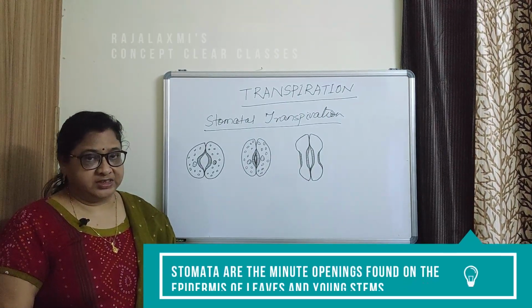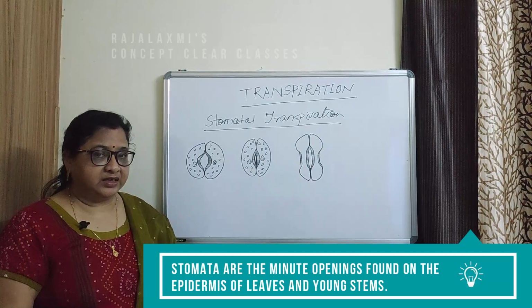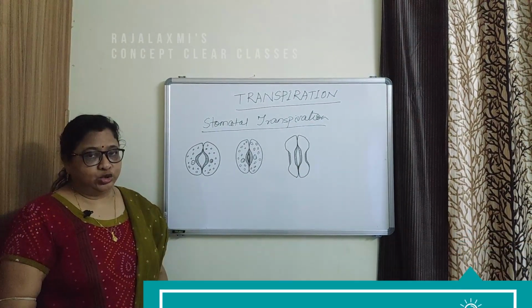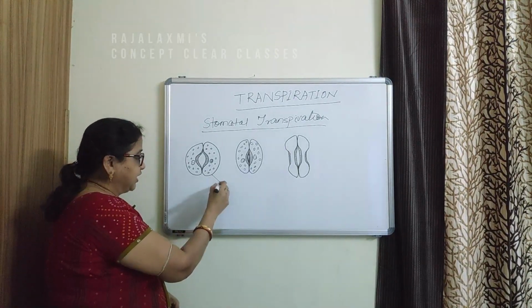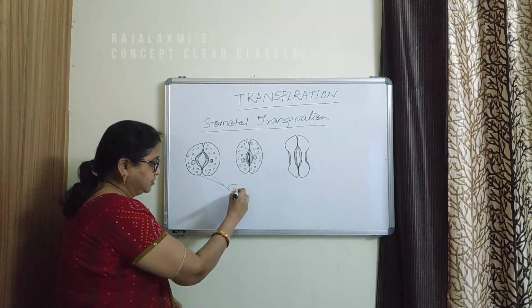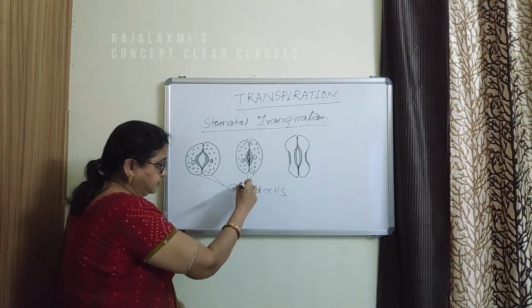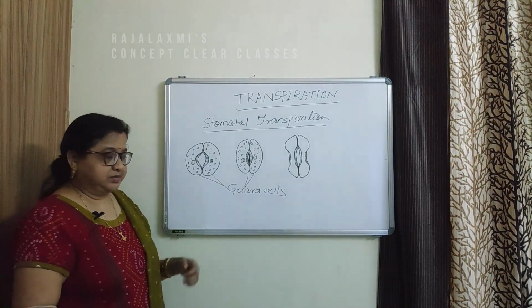First we will see what are stomata. Stomata are the openings or pores present on the epidermis of the leaves and young branches. The stomata are surrounded by two specialized epidermal cells known as guard cells. These guard cells are bean-shaped or kidney-shaped.